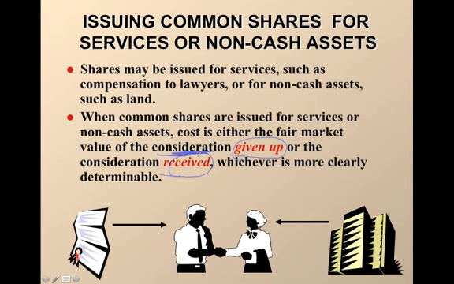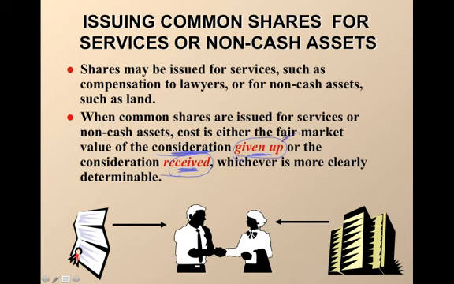So in this particular case, when a company is giving up common shares, you have to determine, is it going to be the price of what we're giving up, how much the share is worth if there's a fair market value? Or if there is no fair market value for the share, what are we receiving? How much was that lawyer service worth? Okay, but we're going to go with the consideration of what we gave up first.